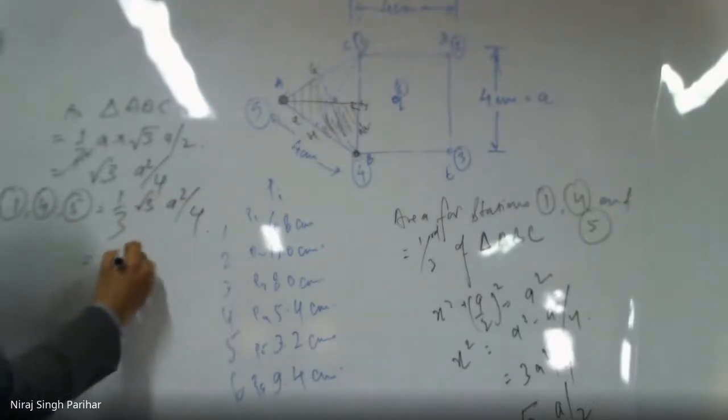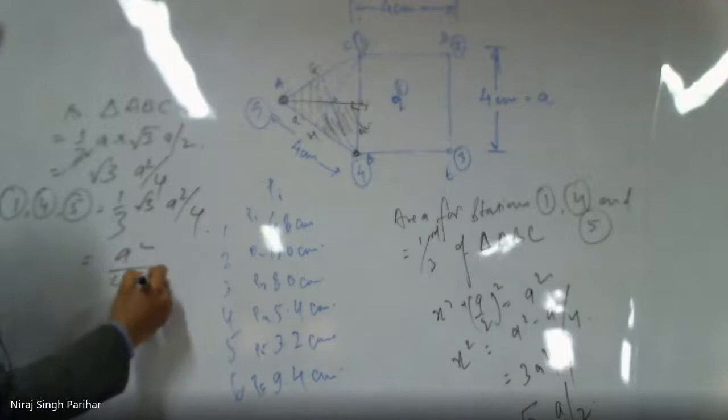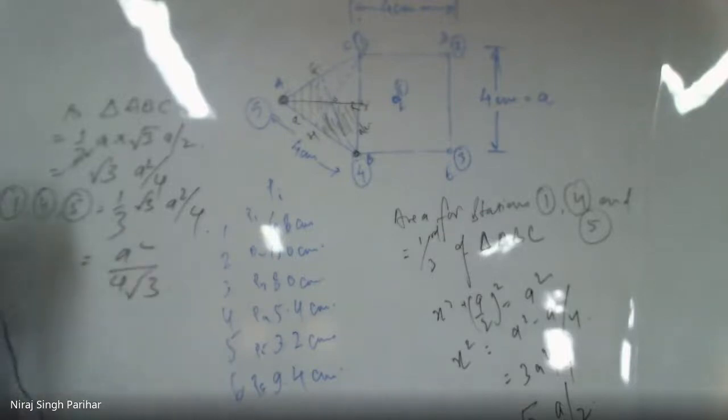A square by 4 under root 3. ठीक है, आप इसको वैल्यू में कैलकुलेट कर सकते हैं लेटर ऑन. Is this clear to everyone?